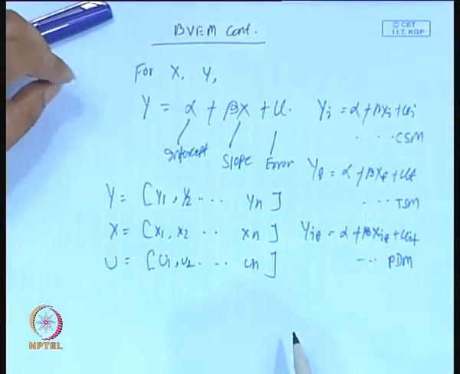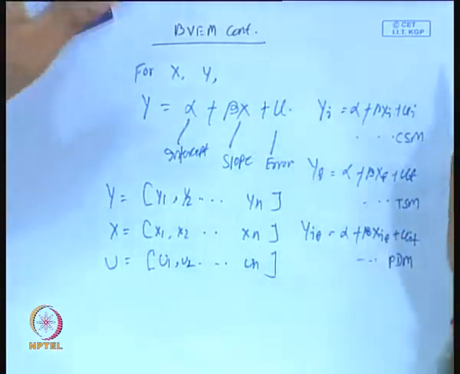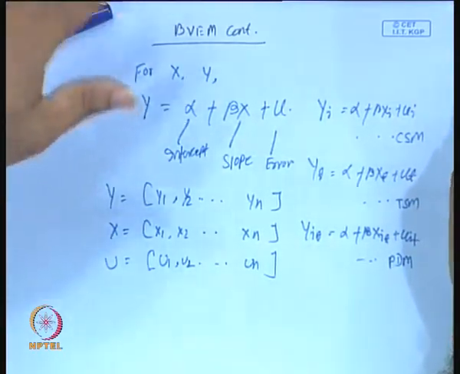We discussed the detailed constraints of this bivariate econometric modeling in the last class. Here we are assuming that there are n observations, and an interesting point is that both variables must have the same number of observations. If there are any shortcomings, then bivariate modeling cannot be fitted.